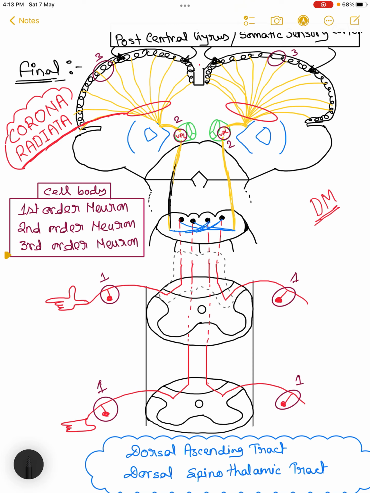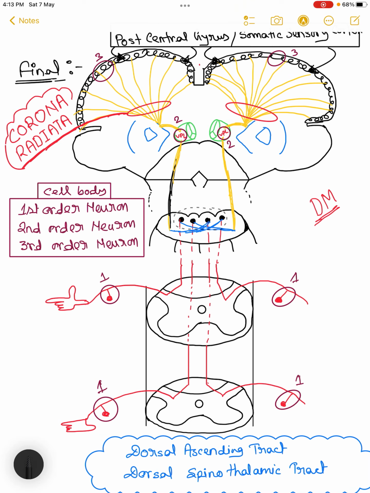Upper extremities, right? Now these fibers are going where? To the medulla. And we know that these fibers will end at their corresponding nucleus, the fasciculus gracilis nucleus and fasciculus cuneatus nucleus.